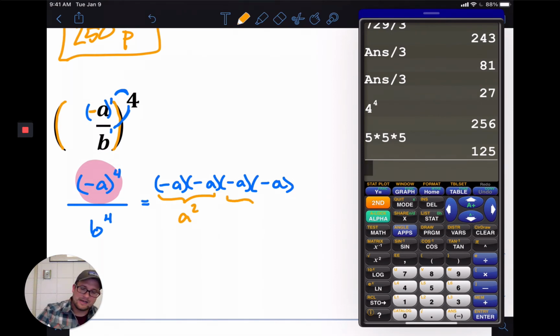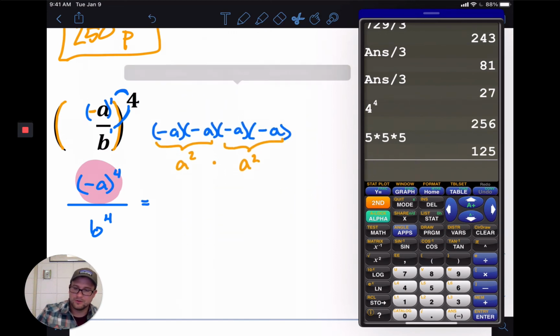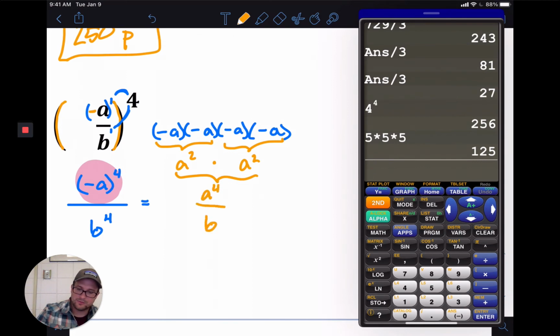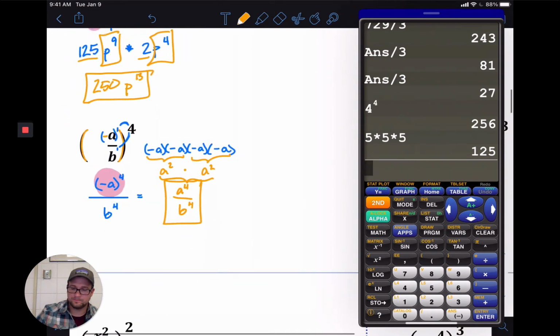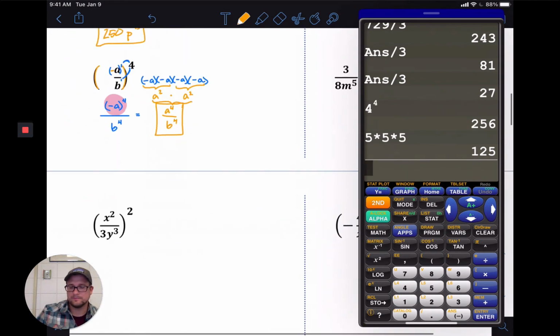And if I had another negative A times a negative A, that would be a positive A squared. And what we're saying here is we just have A squared times A squared, which of course just becomes A to the positive fourth. So my final answer becomes A to the fourth over B to the fourth. Great job. Let's keep moving along.